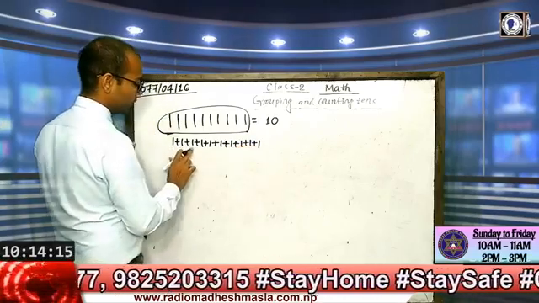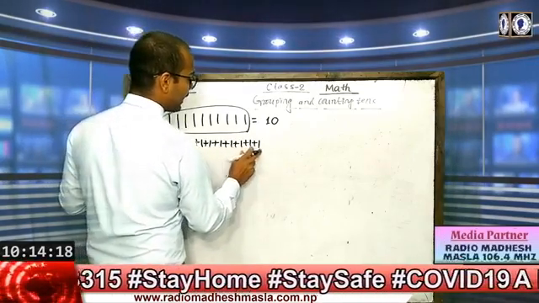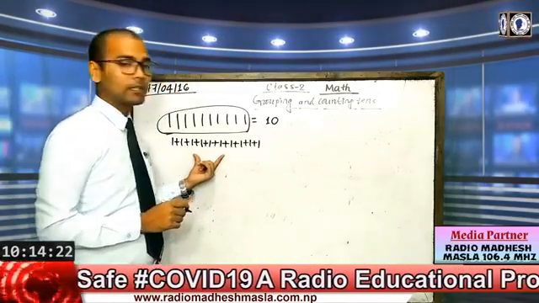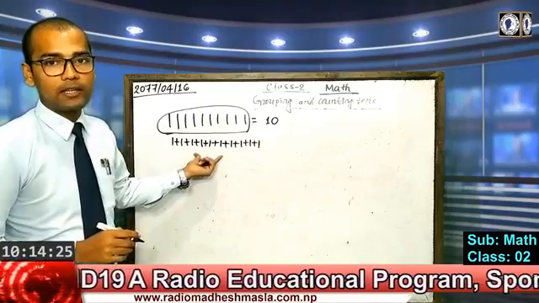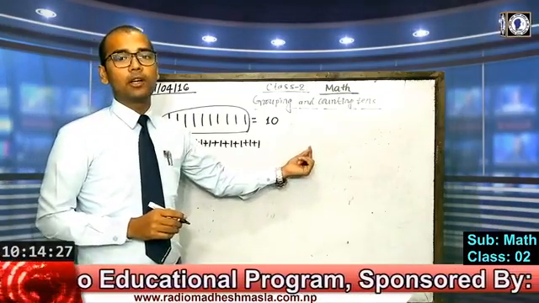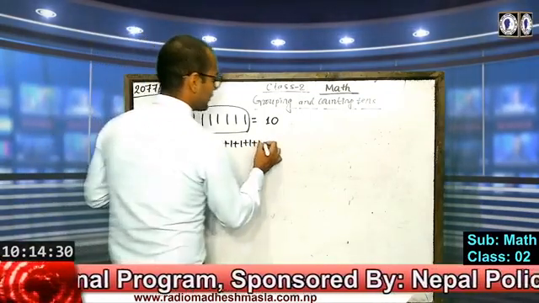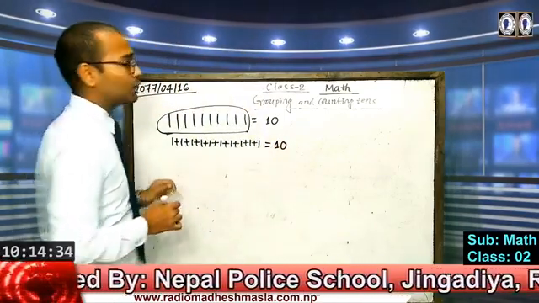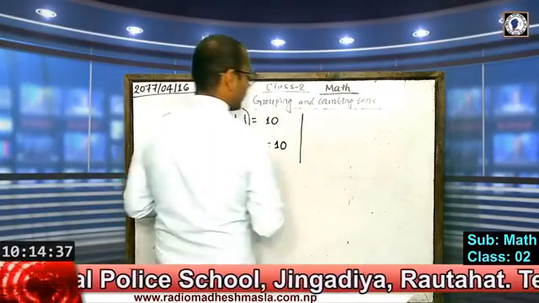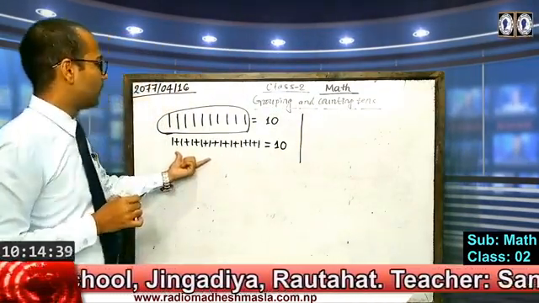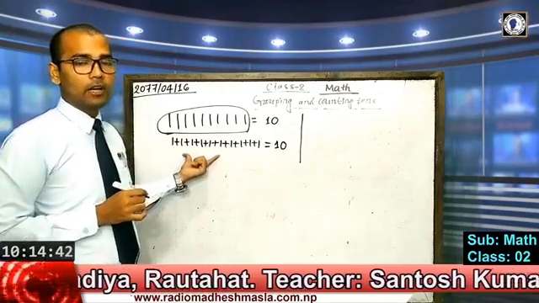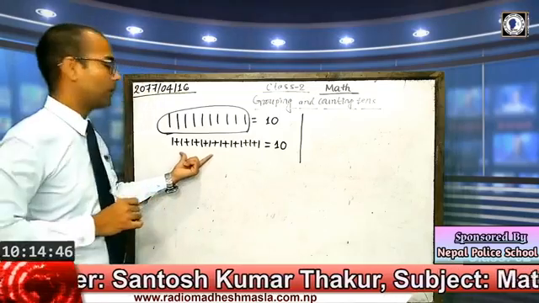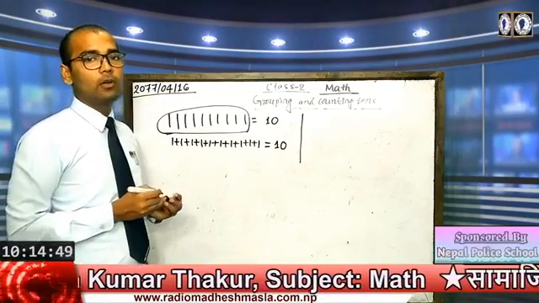Students, when we add 10 pencils with each other, it forms a separate group, and that is 1 ten. That means tens. So remember one thing: when we combine 10 ones, we get 1 ten.